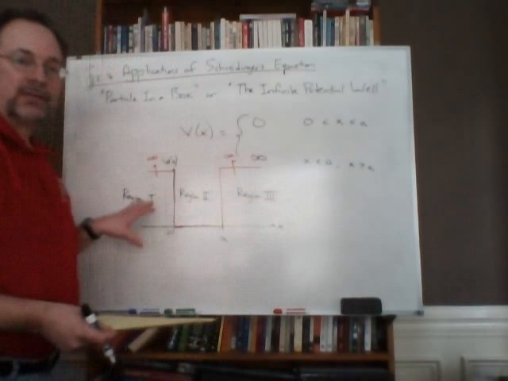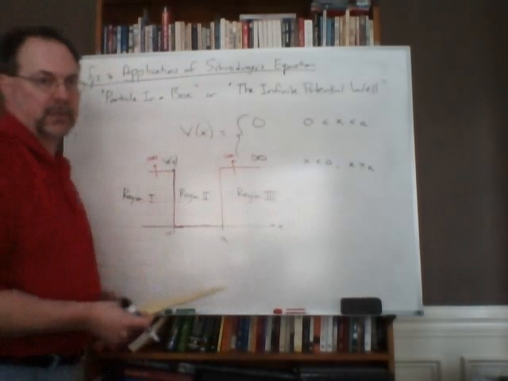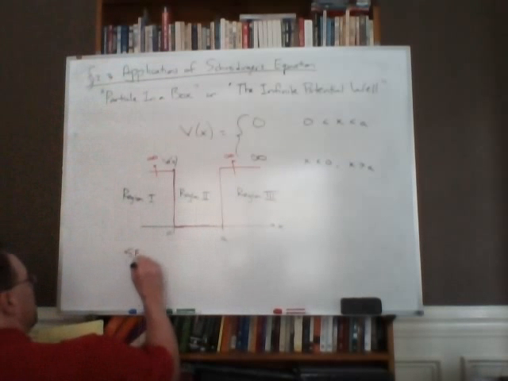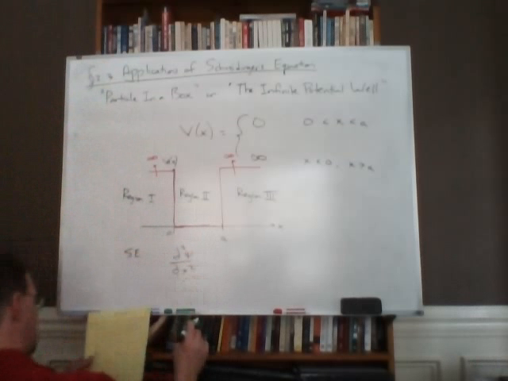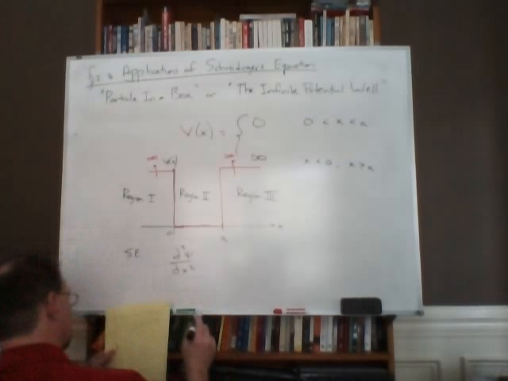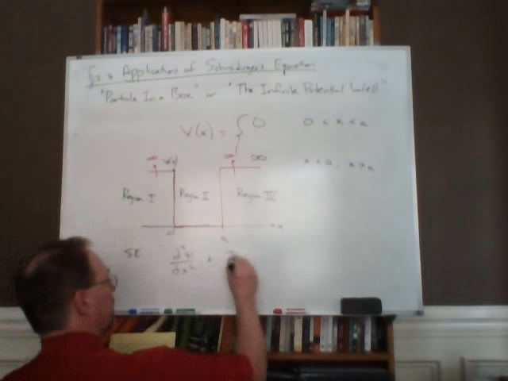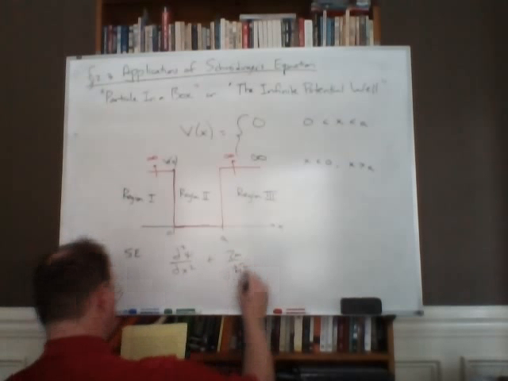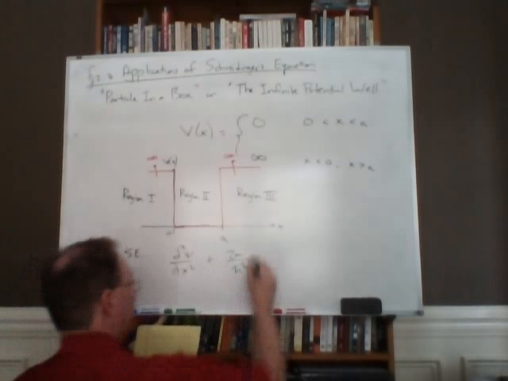And we can write down Schrodinger's equation. I'm going to write it down in a slightly different form, just doing a little bit of algebraic manipulation to get it into this form. Nothing new, nothing terribly surprising here. The second partial of psi with respect to x, and we multiply by negative h bar squared over 2m, or by 2m over h bar squared.